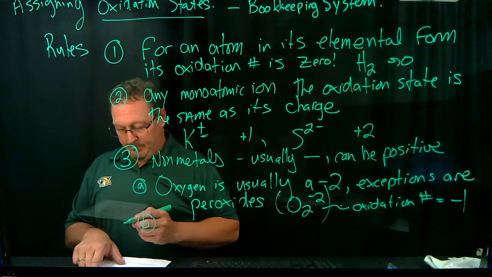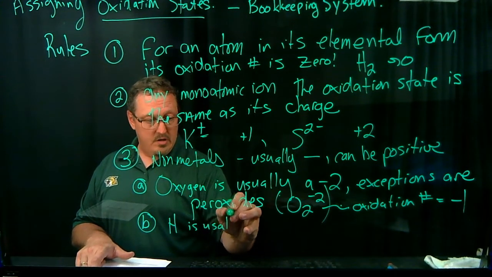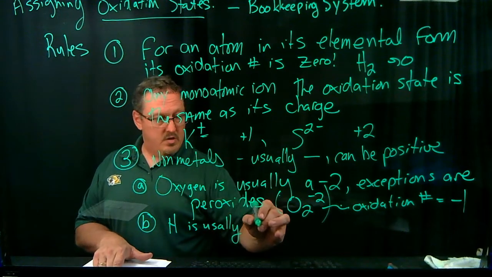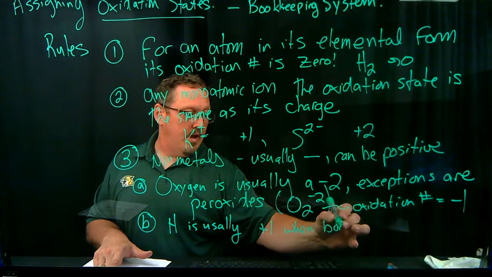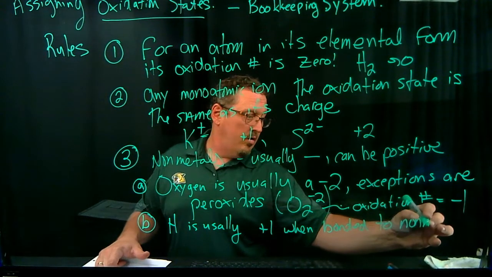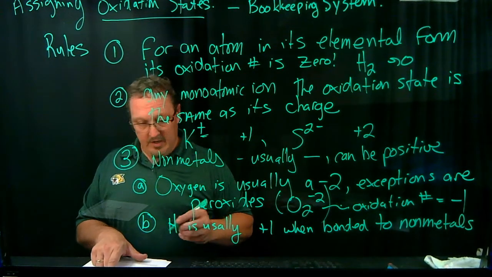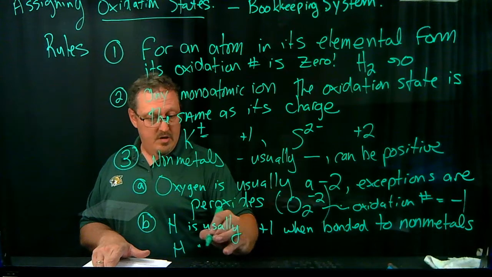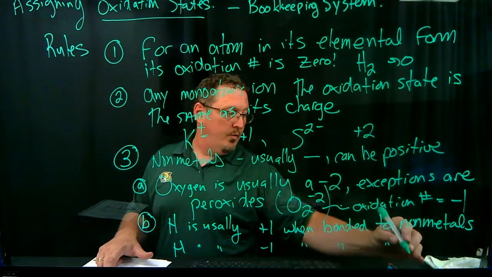Point B, hydrogen, is usually a +1 when bonded to nonmetals. And hydrogen is usually a -1 when bonded to metals.